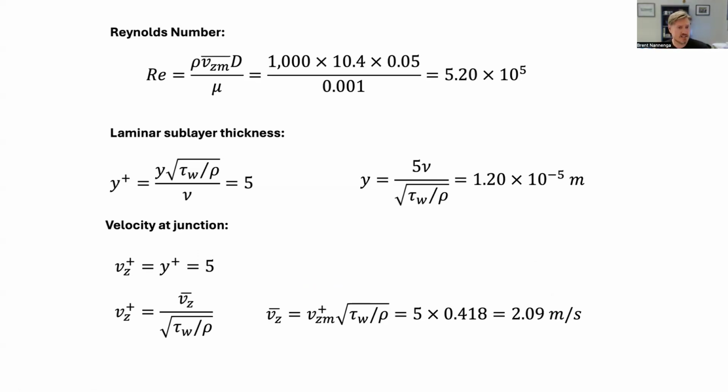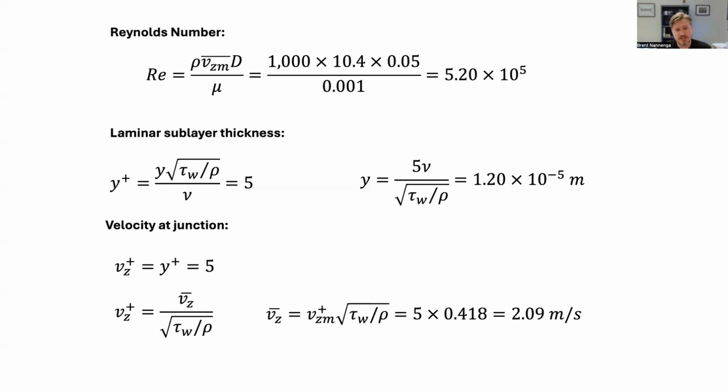So hopefully you see, we started the video going over a lot of derivations of how we go from Prandtl mixing length and all these assumptions about turbulence and Reynolds stresses that eventually allowed us to derive these dimensionless quantities. But in practice, we don't really go over all those derivations. Once we know these definitions, we just use these dimensionless parameters to go back and forth between the real values and dimensionless values.